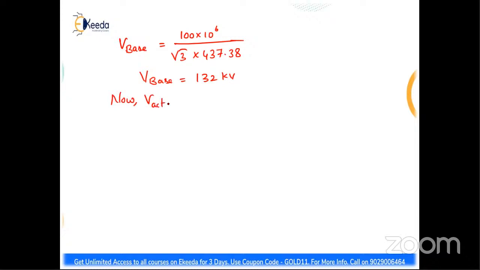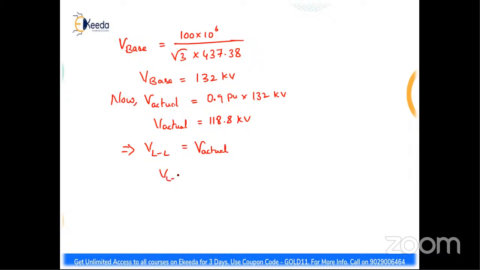Now V actual is equal to 0.9 pu into 132 kV. If we calculate this, we'll get the V actual value, that is 0.9 into 132, that is 118.8 kV. Therefore, the voltage of line to line is nothing but the V actual value.